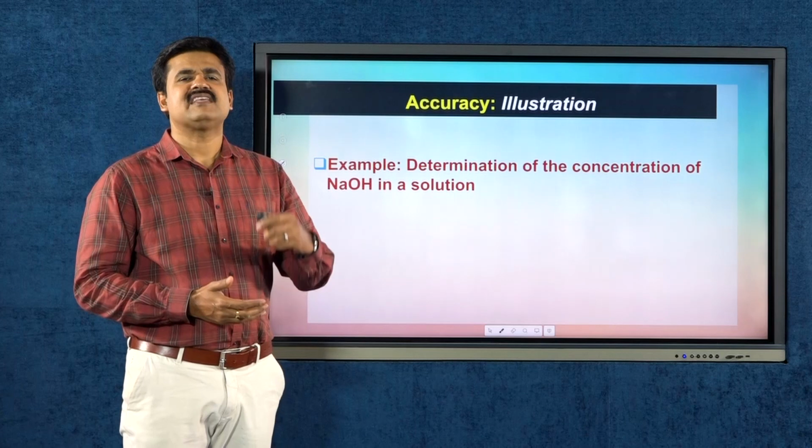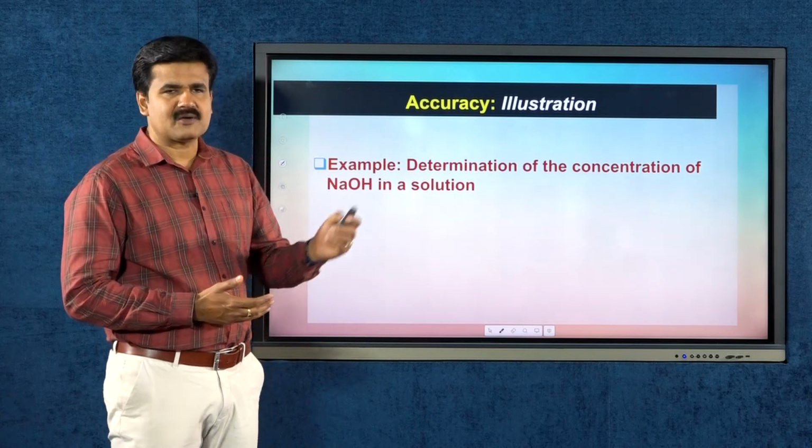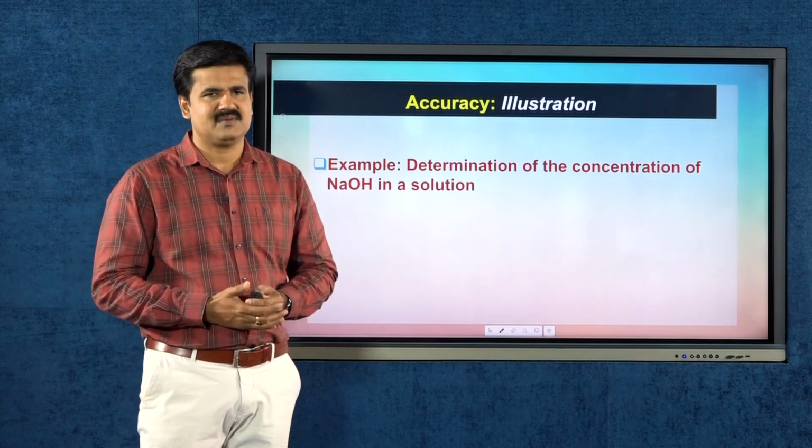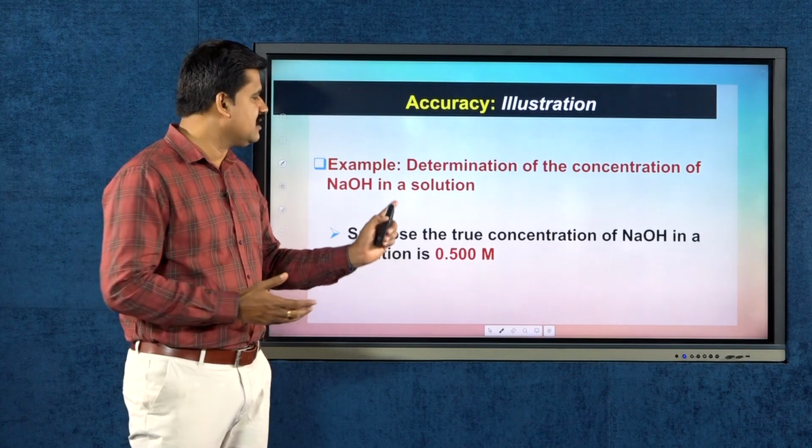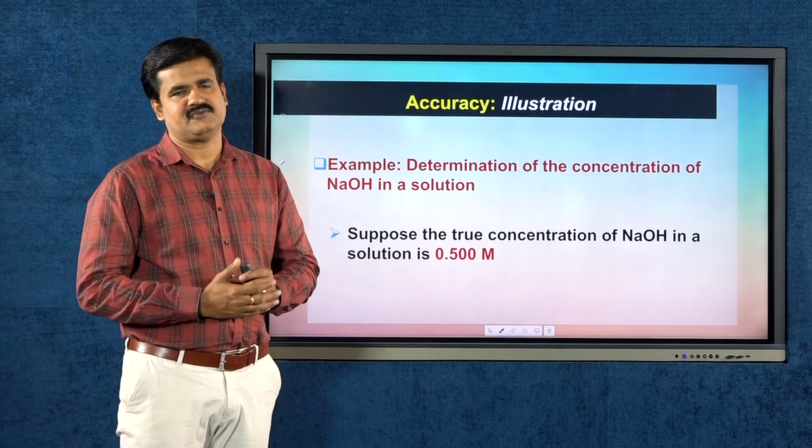Now, we can illustrate the concept of accuracy by using certain examples. Consider the determination of the concentration of sodium hydroxide in a given solution. Suppose the true concentration of NaOH in the solution is 0.500 molar. This is the true or correct value.